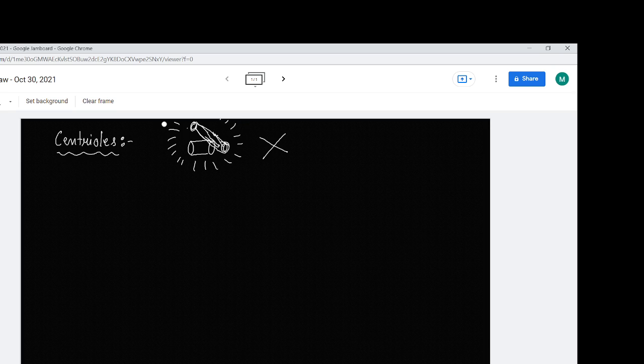And collectively this whole thing will be given a scientific name, which is called as centrosome. So this whole thing along with the fluid inside, everything together, will be called as centrosome. So this is present only in the animal cells, and the centrosome will duplicate when the cell wants to divide. So there will be two pairs like this.